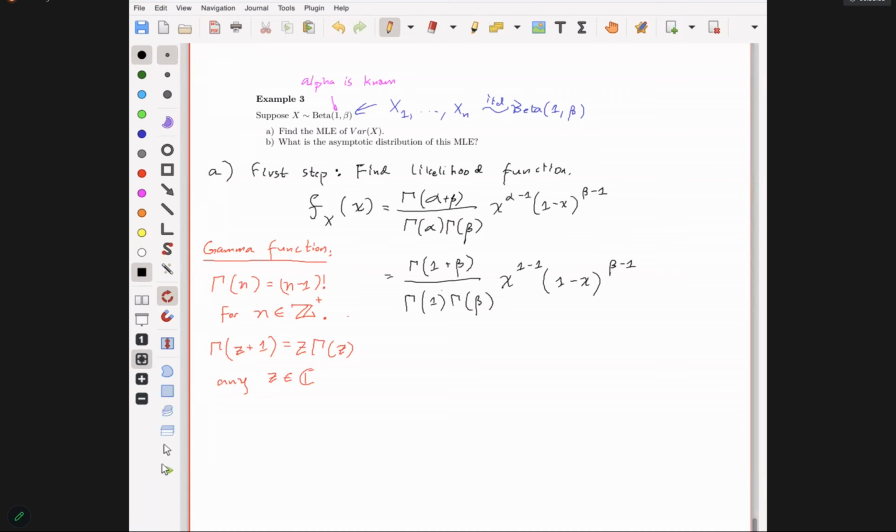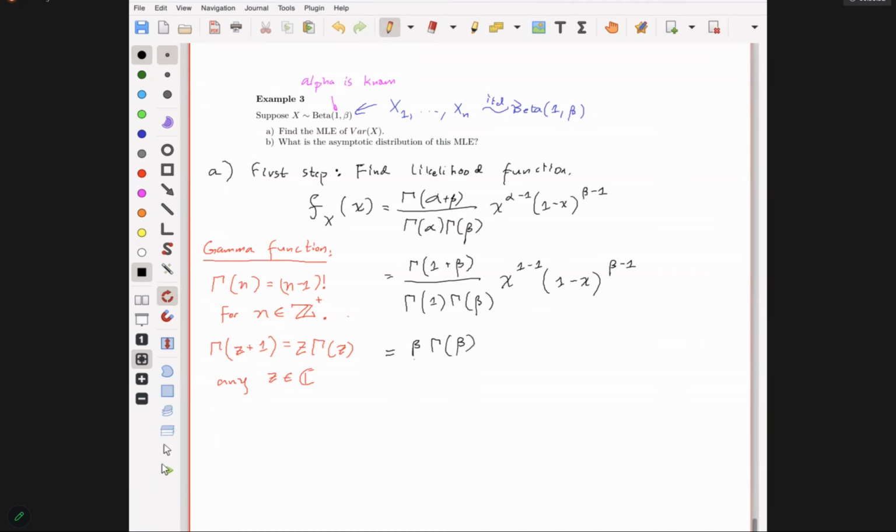What property can we apply to simplify that numerator? This will be beta gamma of beta.